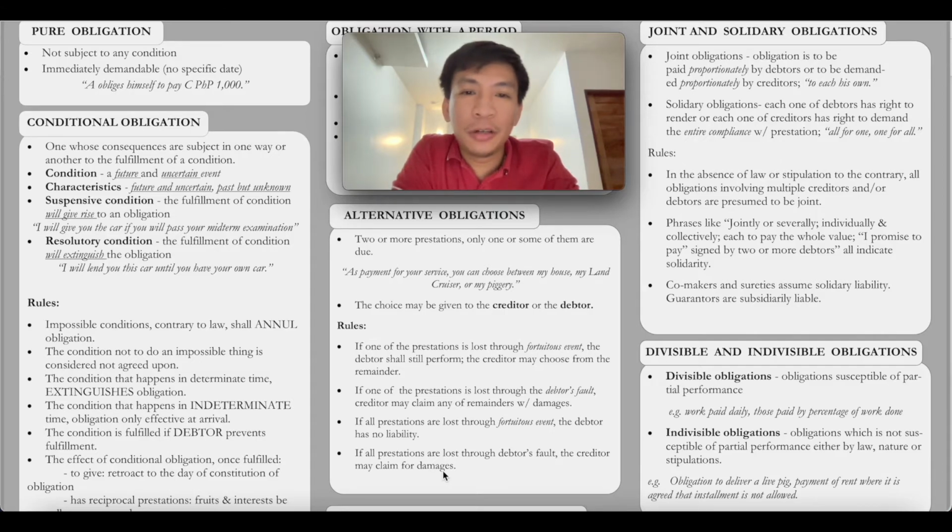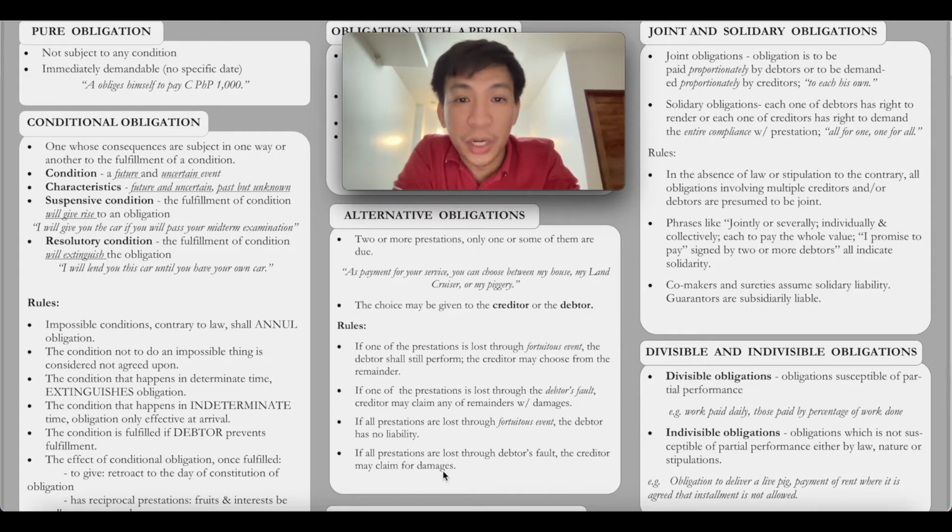Yung mga indivisible obligations are really rare. For example, kapag utang, mga ganyan, generally, hindi ka pwedeng magbayad ng partial payment kung hindi nyo napag-usapan na pwede mag-partial. Okay? So, that's indivisible by contract. Pero, in this case, ang pinag-usapan natin ay divisible.